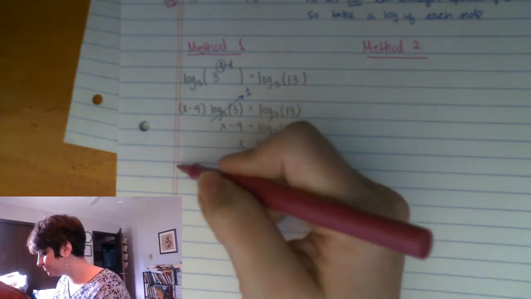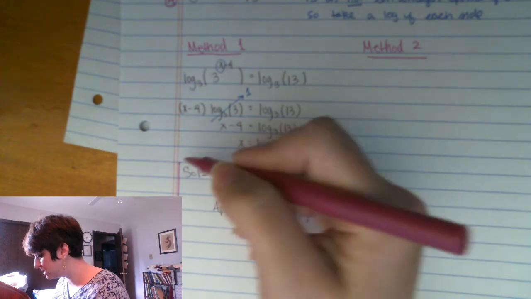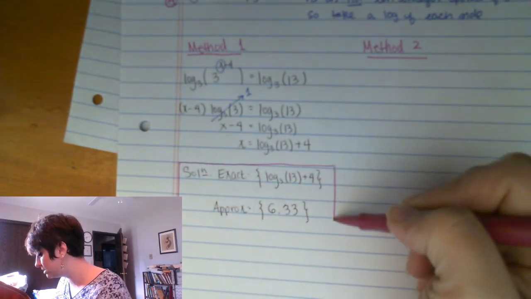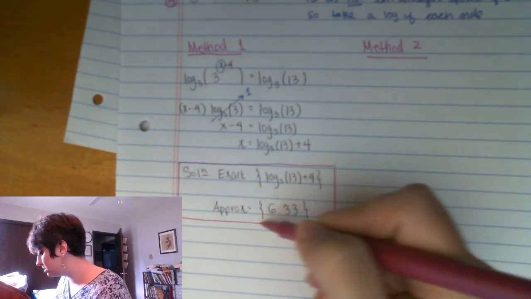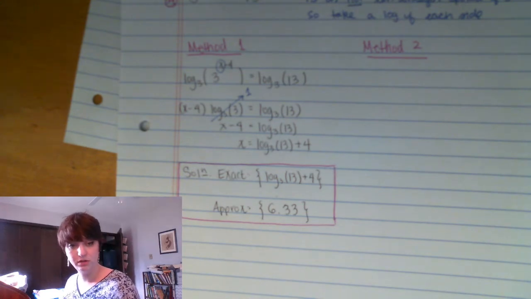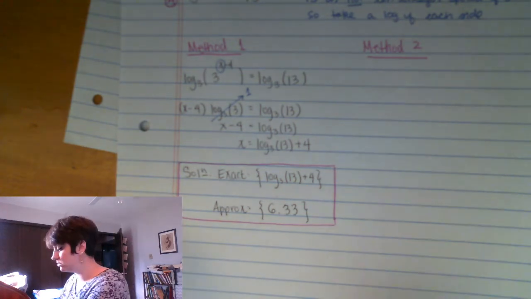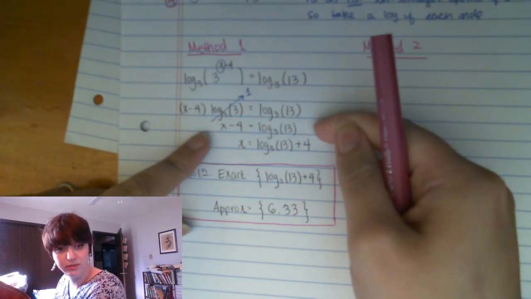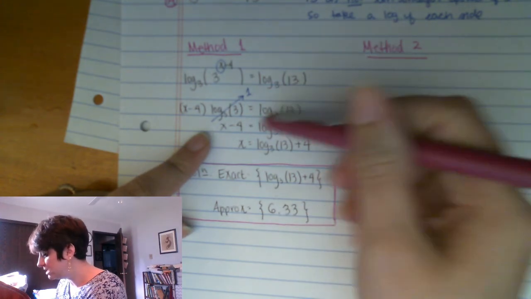First, this is not any different than what we were doing in 7-1. This is exactly the same thing. In 7-1, we wrote both sides as the same base to a power, and then we equate the powers. So on this line here, I have x minus 4, which was my exponent, equals log base 3 of 13. This is a power.